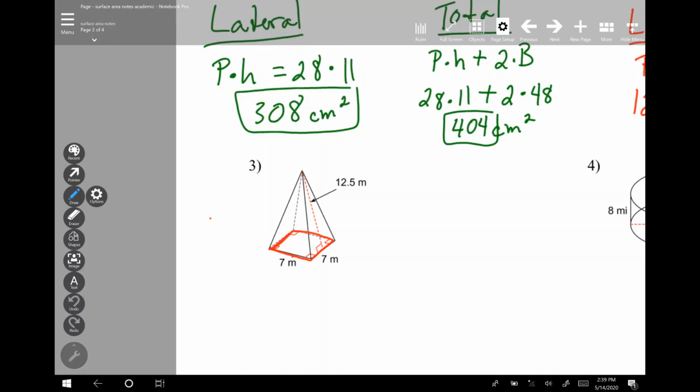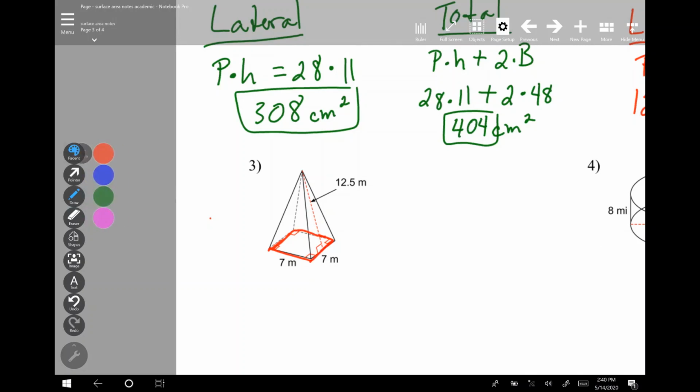We just have these 4 sides of the base, so we would need the area of the base there, and then each side of the base has a triangle coming up off of it, you can see. So basically we're doing 4 triangles plus that one square that's at the bottom. Okay, that's the total surface area.